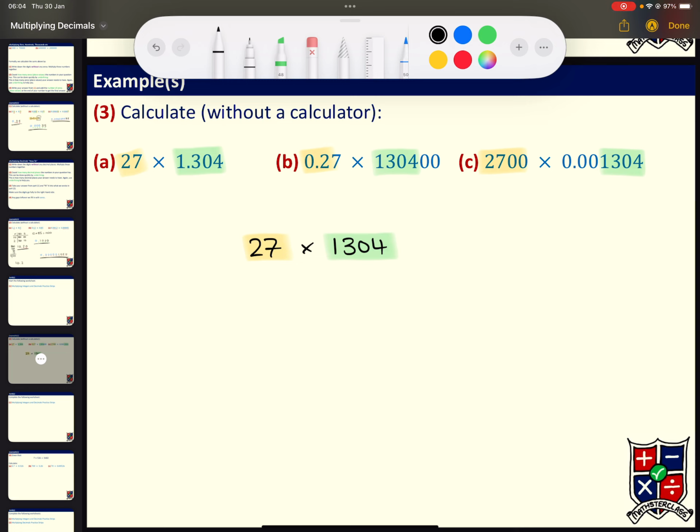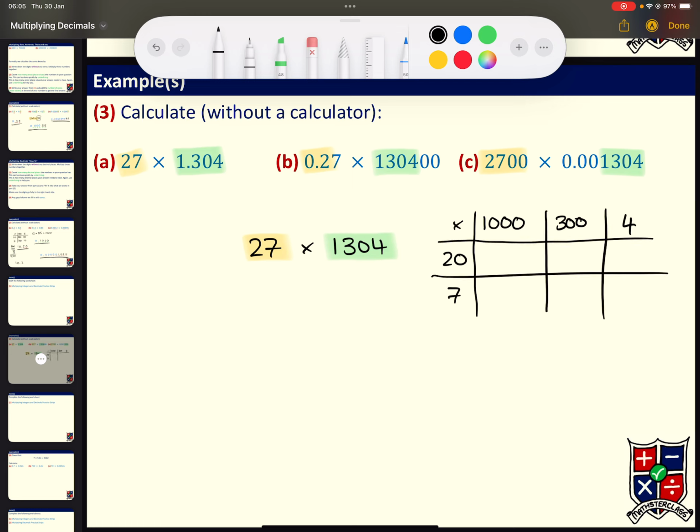So the first one we're going to do is 27 times 1304. I'm going to break the 1304 up into 1,000, 300, and 4, and the 27 up into 20 and 7. I'm going to multiply all these together. So we have 1,000 times 20, or in other words, 1 times 2 with 4 zeros on the end, giving us 20,000.